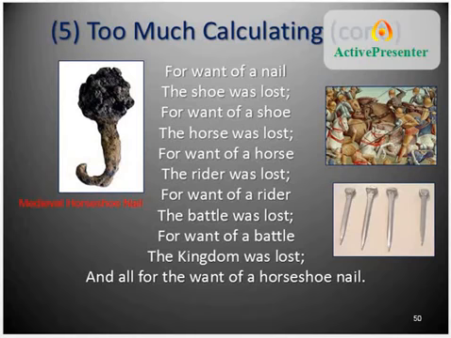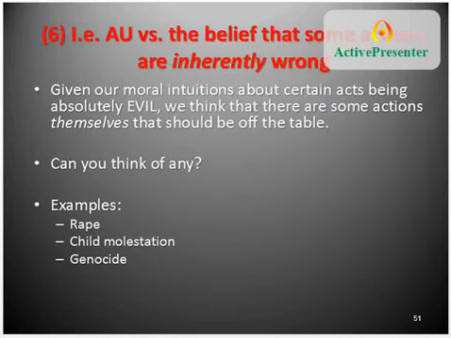Let's say the male had long hair and he wanted that nail, and his wife was the blacksmith, and because the wife didn't have that nail for the horse, the kingdom was lost. All right, do you get it? Okay. The next objection.